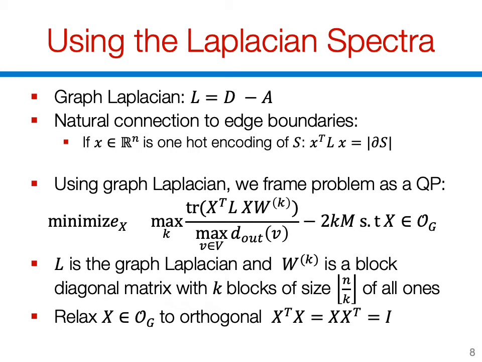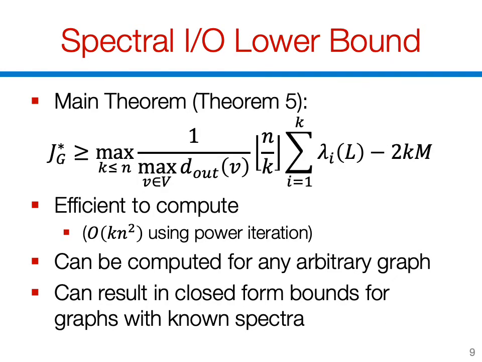To find a bound on the solution to this problem, we relax this topological constraint and just constrain x to be orthogonal. The solution to the relaxed quadratic problem then simply involves summing the lowest k eigenvalues of the graph Laplacian, allowing us to bound the optimal I/O.